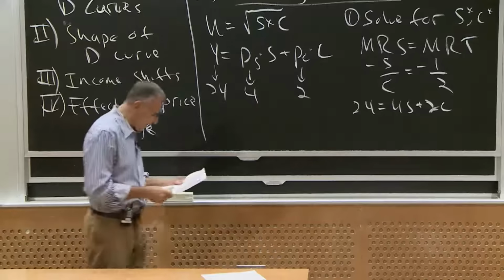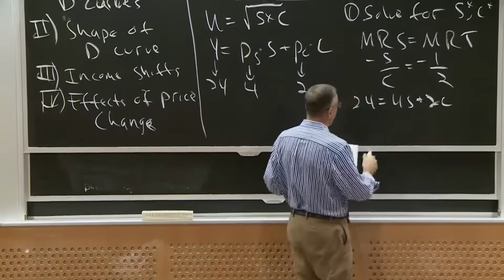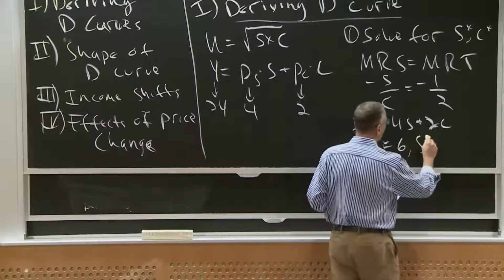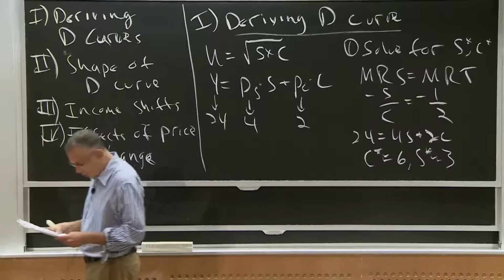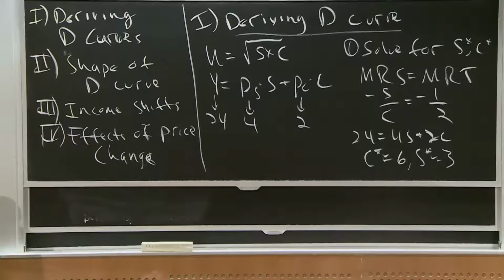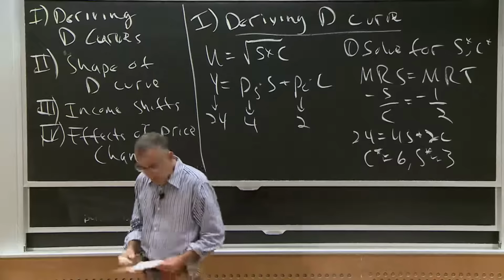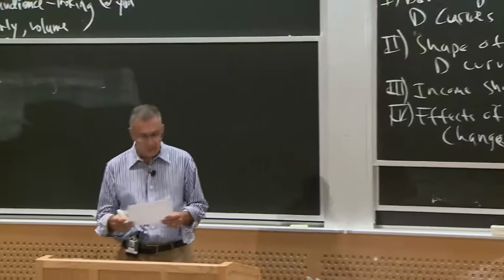We know how to do that. We solve that, and we get that c star equals 6 and s star equals 3. That is illustrated in the top panel of figure 1.